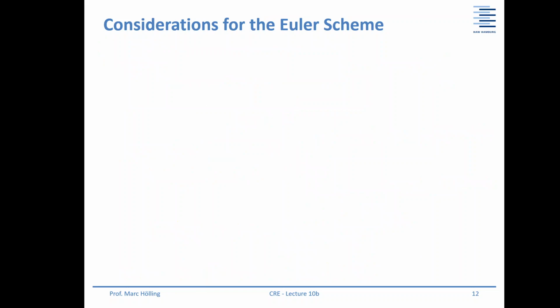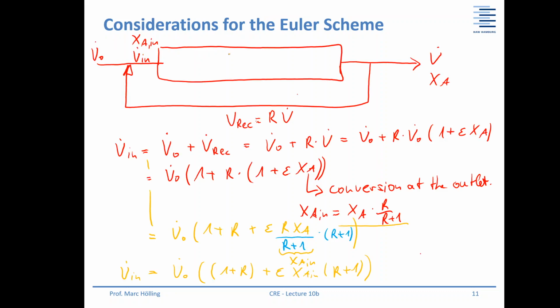So next slide. My inlet volume flow is initial volume flow times R plus 1. So, and then I have R plus 1 here, and I have it here. So I can put it in front of my brackets.